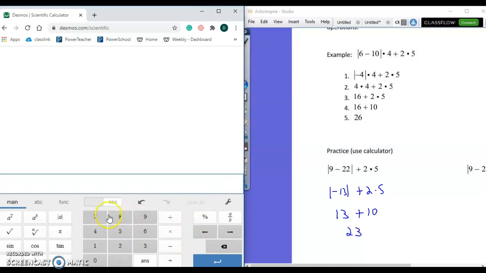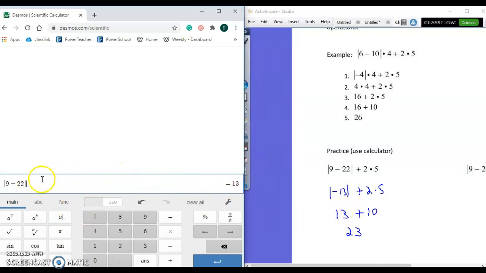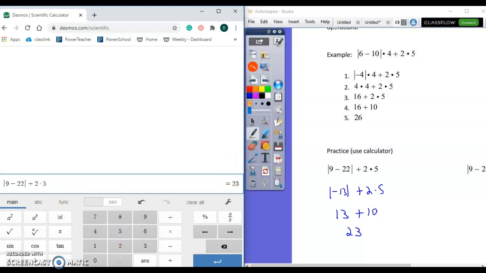Rough morning. Okay, so the absolute value of 9 minus 22, and then you close out that absolute value right there, so it knows that you're done with that. It shows you it's 13, which would have been our second step here. Then we can do plus 2 times 5. You can see that we get 23.